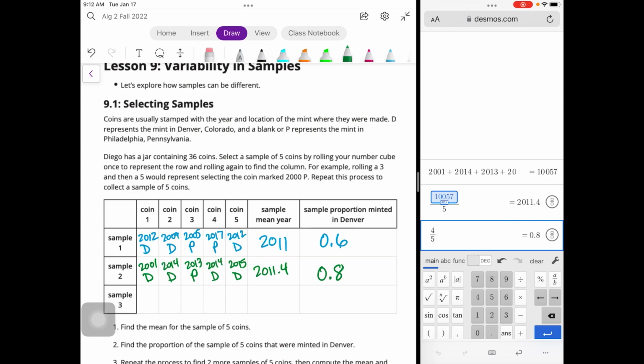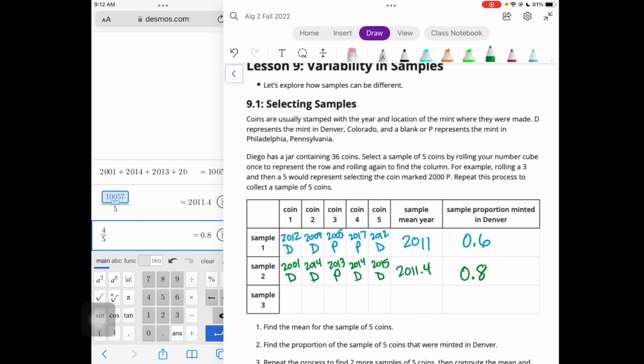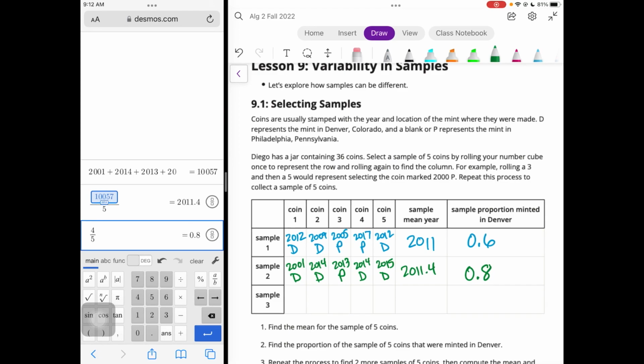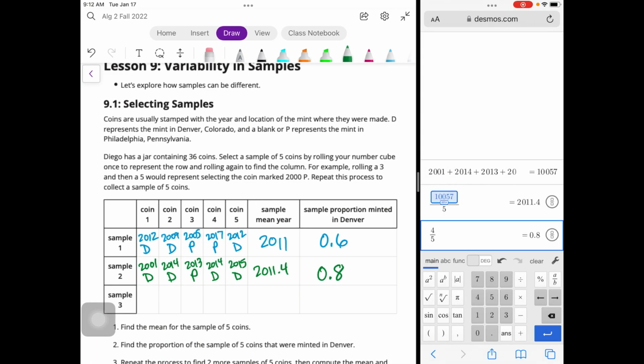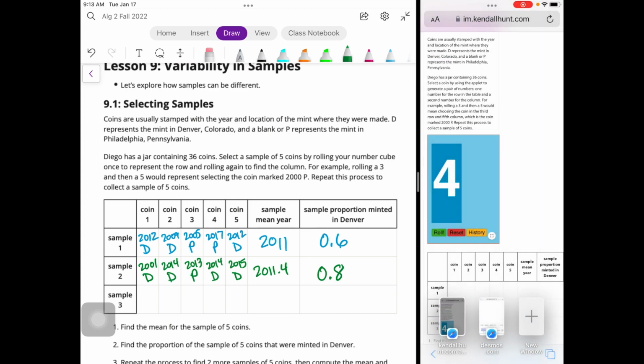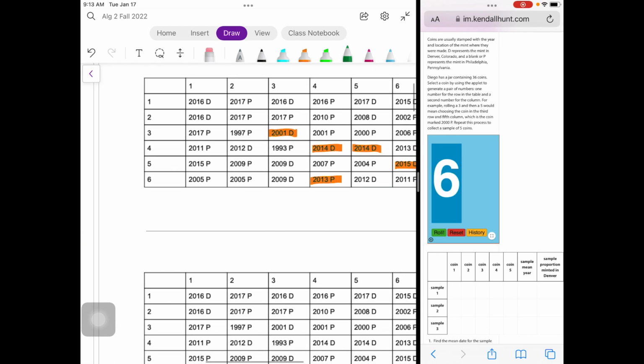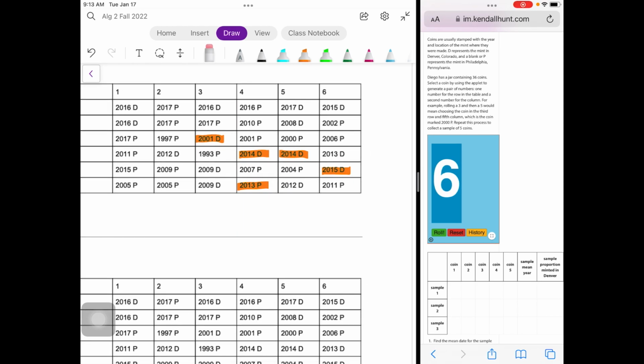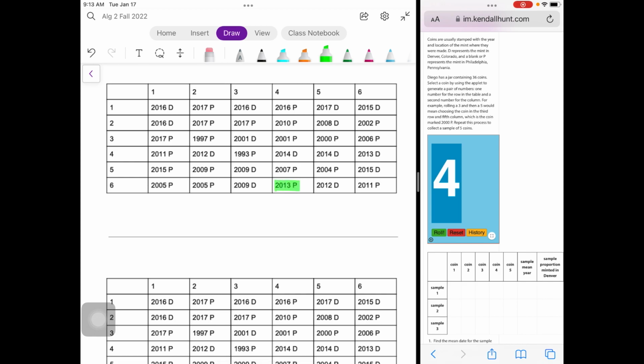All right, so now we're going to do the last one. So let's switch back to our applet. All right, and there's our applet. Okay, so let's do this one more time. Actually, let's just reset the whole thing. All right, roll. And our row is 6 and our column is 4.